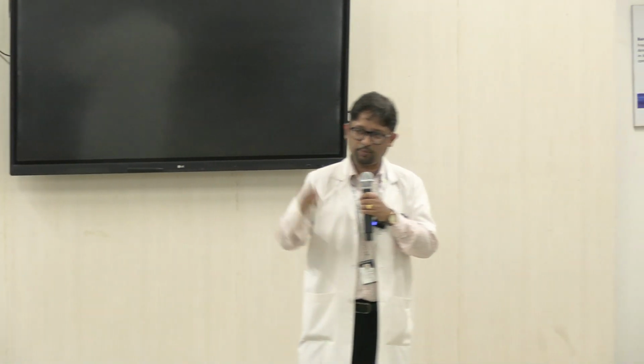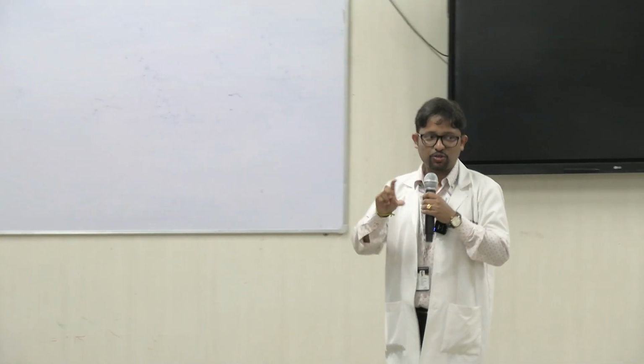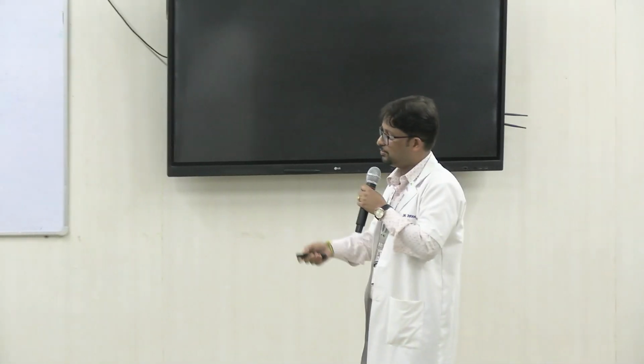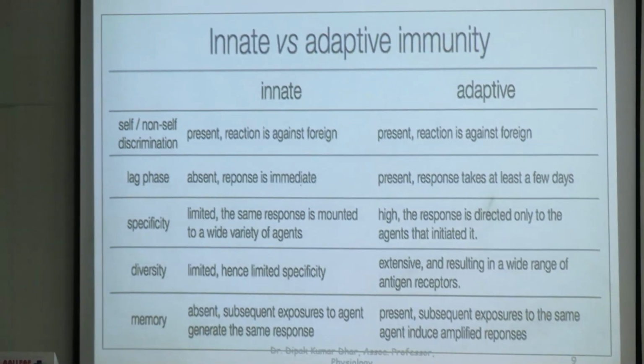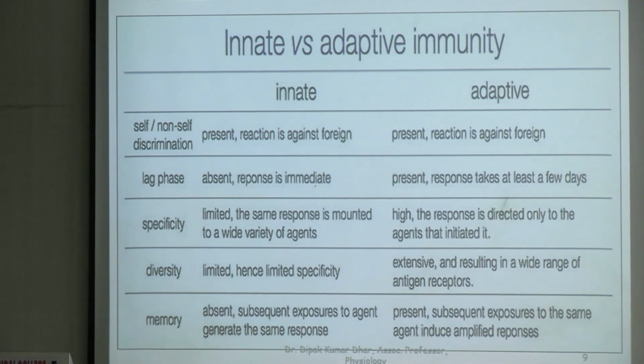So कुछ basic चीज़ें हैं कि it can recognize what is a prokaryote, what is a eukaryote. So very basic patterns of recognition are present, right? But because it is not the system which the person is gaining in the course of exposure, specificity is bound to be limited here. So here it is highly specific, and that's why highly diverse. Okay. So the diversity point also I have covered.